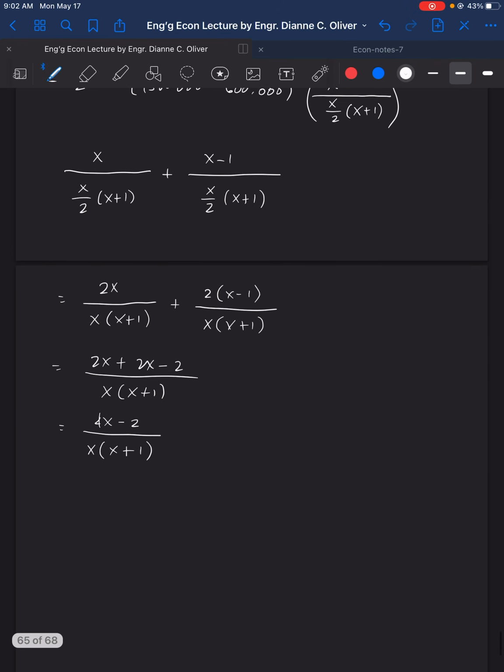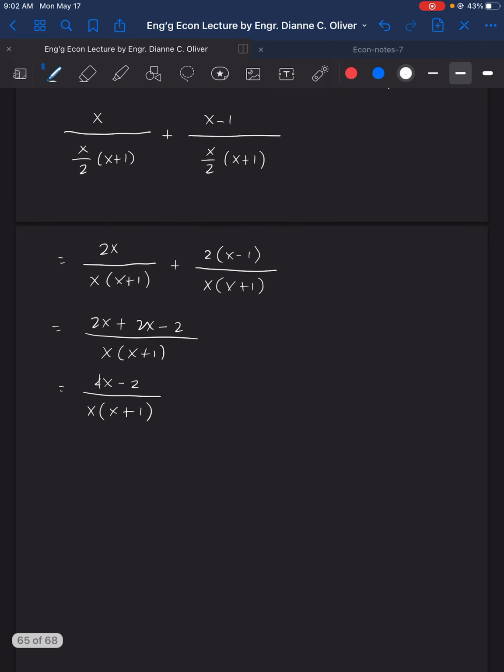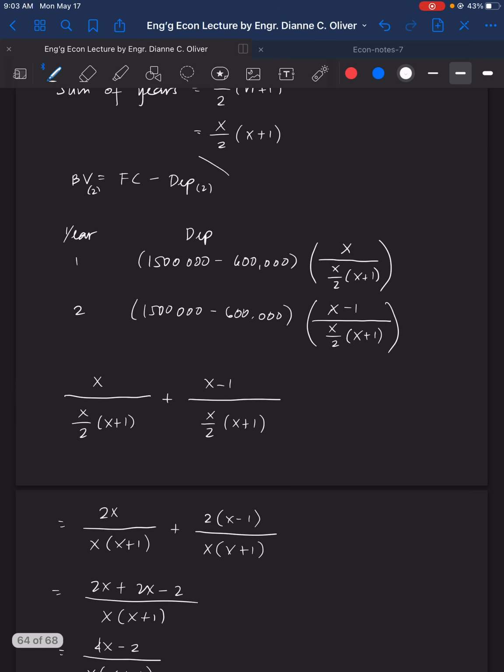Then let's use the formula again. The book value here is 870,000. First cost is 1.5 million. Or let's just save some space. So let's just say this is 1.5 million. So that's the first cost here.